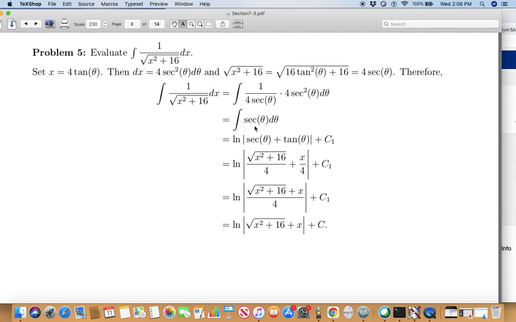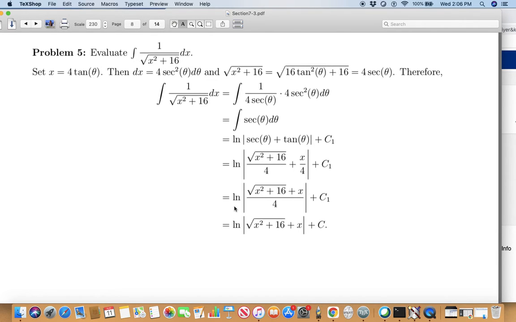Well, the integration of secant is natural log absolute value of secant theta plus tan theta. Now going back, secant theta is all of this over 4. So all of that over 4 plus tan theta, which is x over 4. Notice this 4 is a common denominator, so I may rewrite it as a numerator over a denominator.